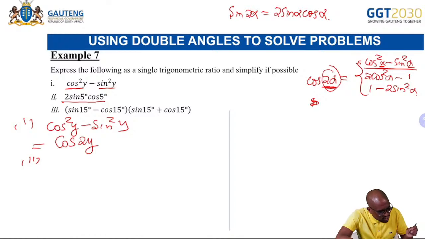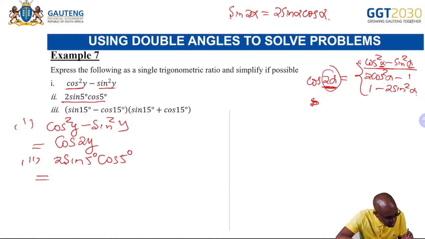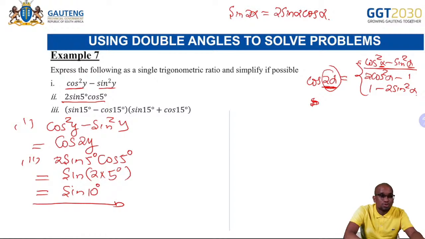So you can see that now, in order to condense this one, 2 sine 5 degrees cos 5 degrees, you can see the alpha is given by 5. So this emanates from what? The sine of 2 times what? 5 degrees. So this is the sine of what? 10 degrees, like that. So 2 sine alpha cos alpha emanates from the sine of 10 degrees.